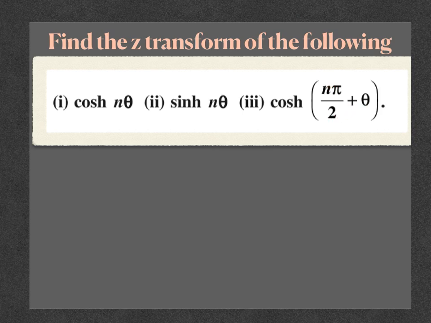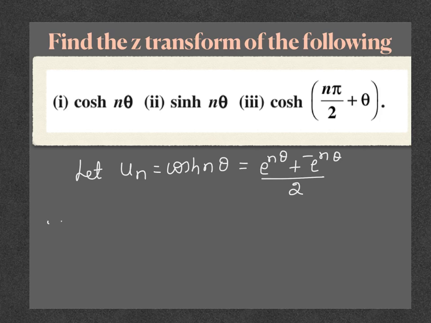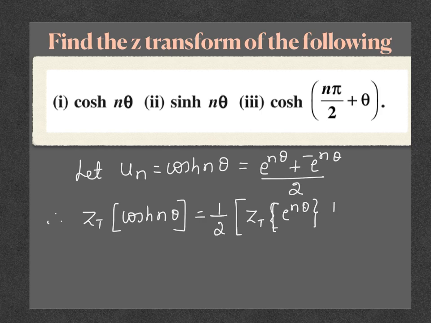So let me take the function first, cosh n theta. Let u n be cosh n theta, which can be written as e power n theta plus e power minus n theta divided by 2. Therefore, Z transform of cosh n theta is 1 by 2, by the linearity property. We keep 1 by 2 out: Z transform of e power n theta plus Z transform of e power minus n theta.